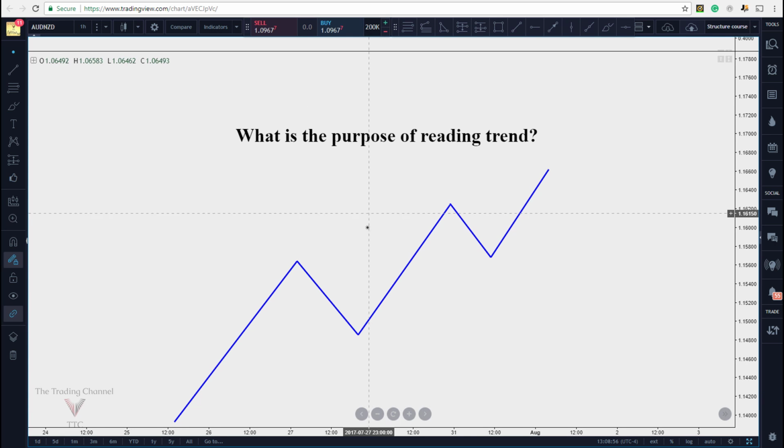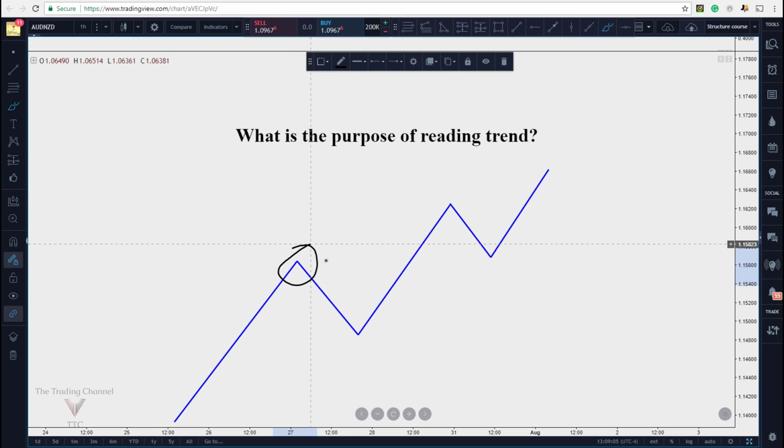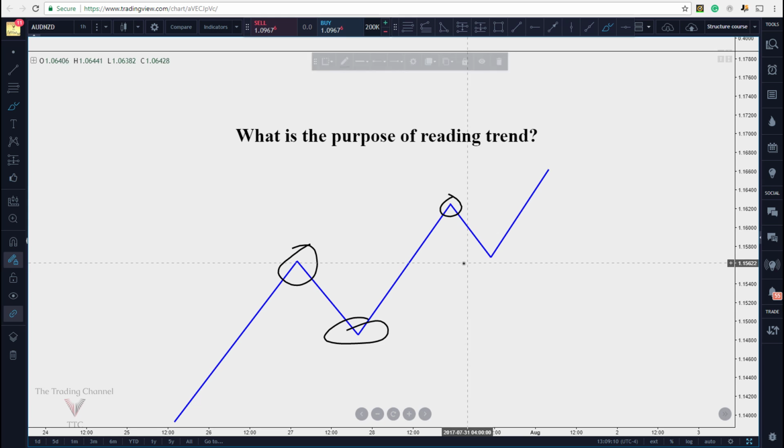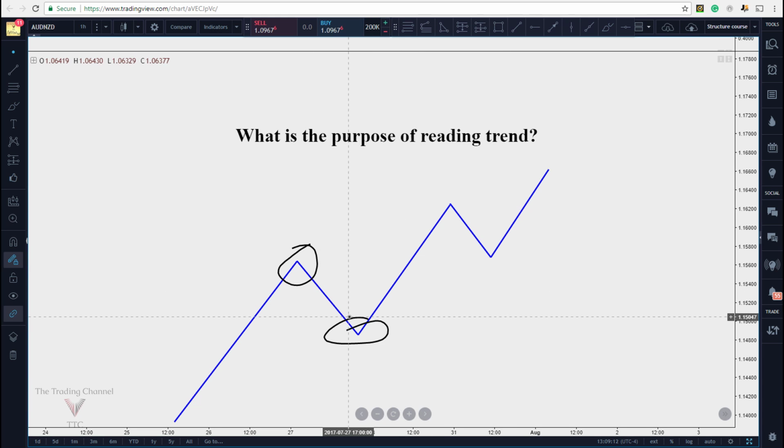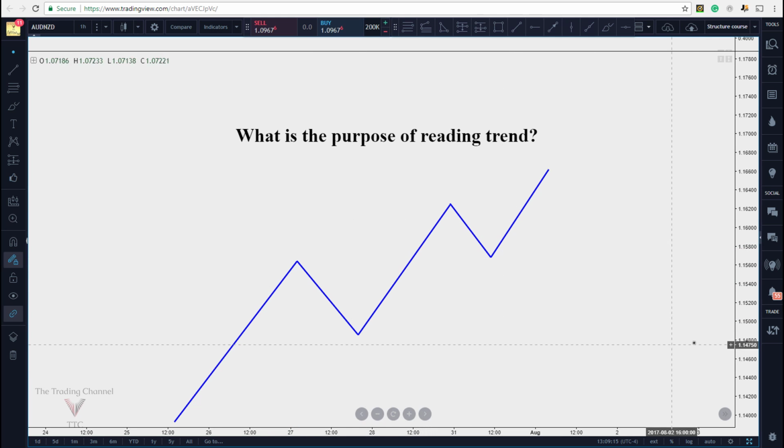If our objective rules for a trend is a series of higher highs and higher lows, and that's what we have right here, a high followed by a higher low, a higher high and a new higher low, and if that is our objective way of reading trend, then we actually have a verifiable way to test things in the market based on this knowledge, based on this way of identifying trend. We could actually go through the markets and test how many times after the creation of a new higher low and a new higher high, we got a new higher high before the market broke below our previous higher low.